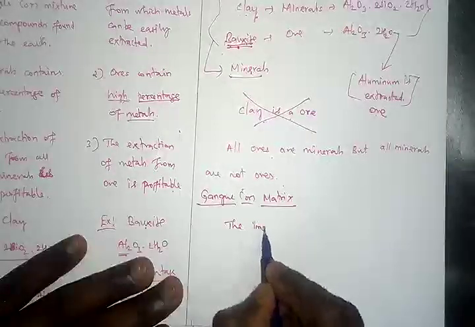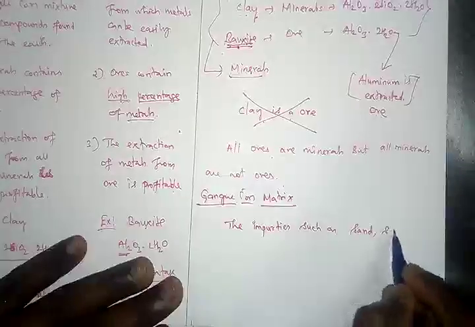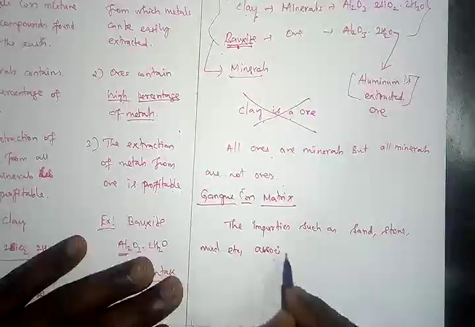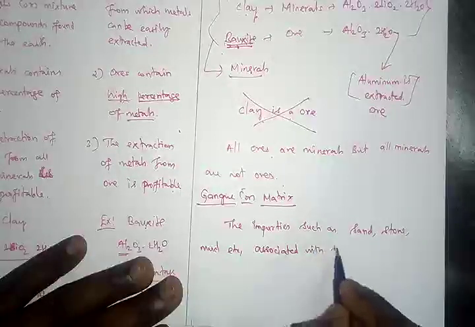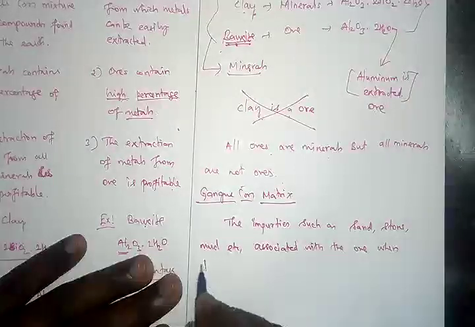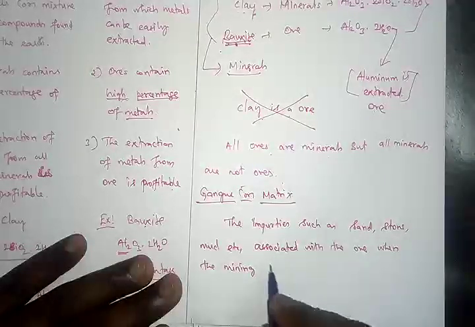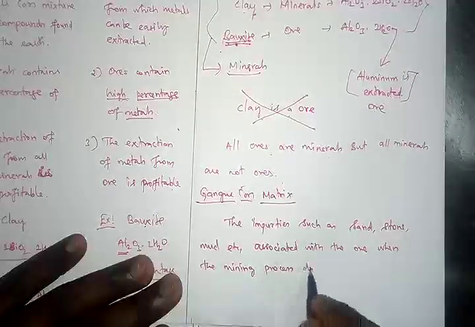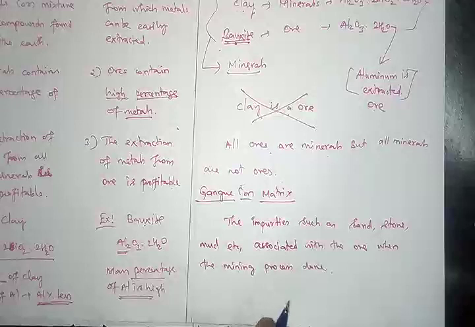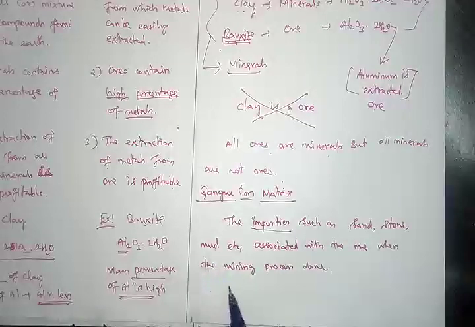The impurities such as sand, stone, mud, etc. associated with the ore when the mining process is done are called matrix or gangue. So it is just an impurity, remember, rocky impurities like sandstone or mud.